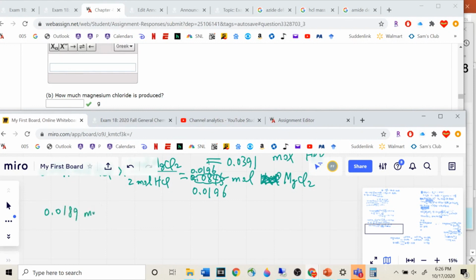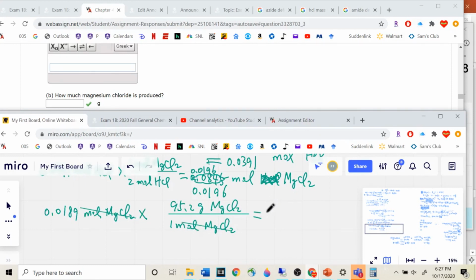0.0189 moles of MgCl2. We are converting from moles of MgCl2 using the molar mass, which is 95.2 grams. This way, moles MgCl2 and moles MgCl2 are cancelled.